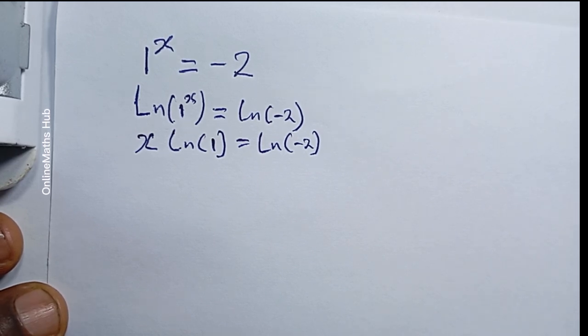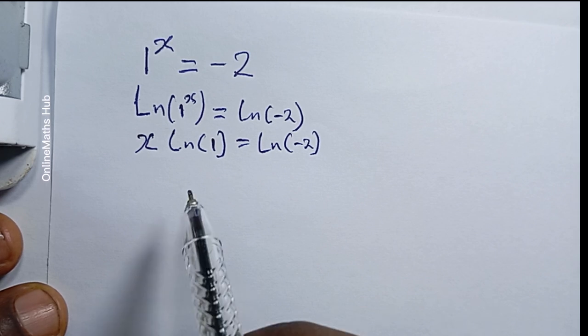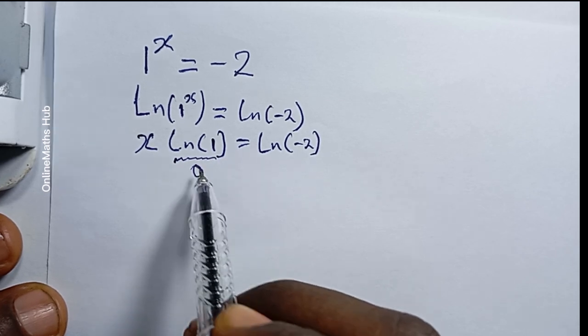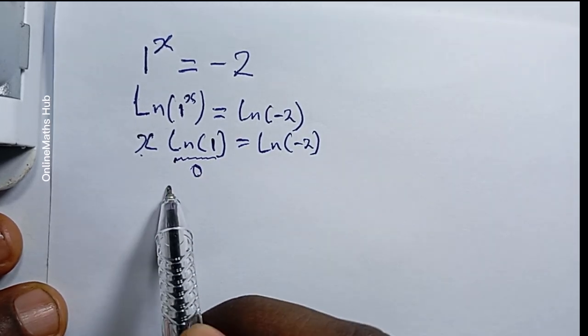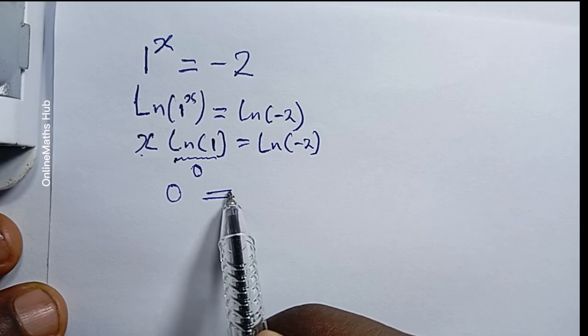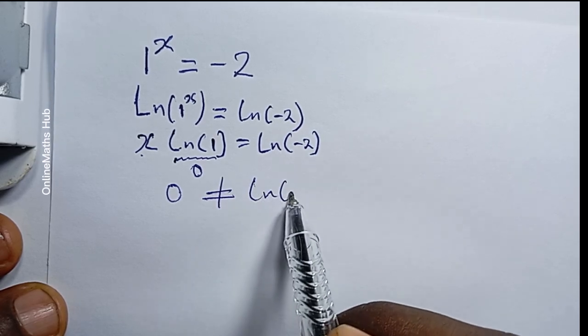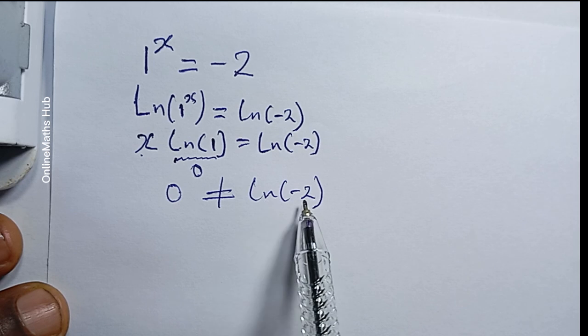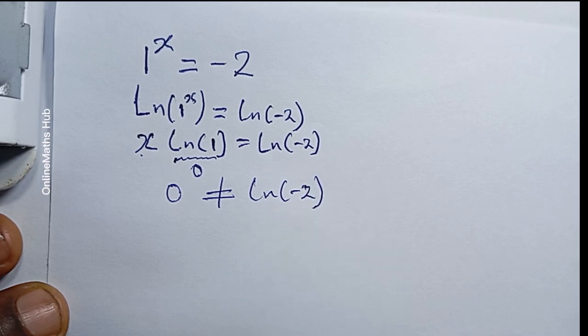Of course this is one of the most basic ways to solve this, but if you go further you discover that there's really a problem, because the natural log of 1 is 0, and 0 times x gives you 0, but 0 is not equal to the natural log of negative 2, and the natural log of negative 2 does not exist in real numbers.